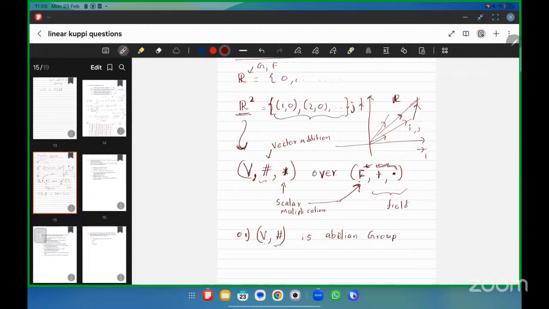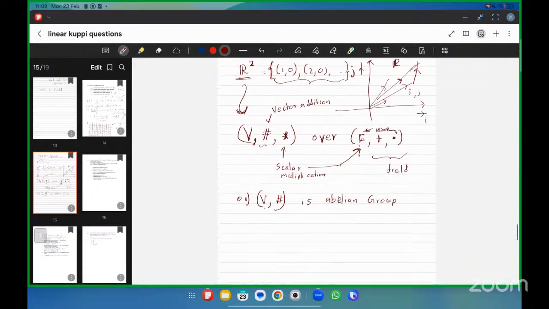We can consider every condition, and if everything is fulfilled, we can call it an abelian group. And the second condition is that F should be a field.